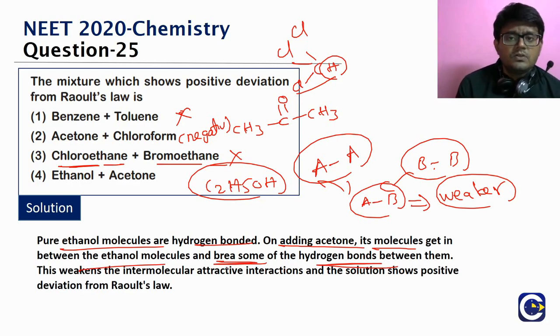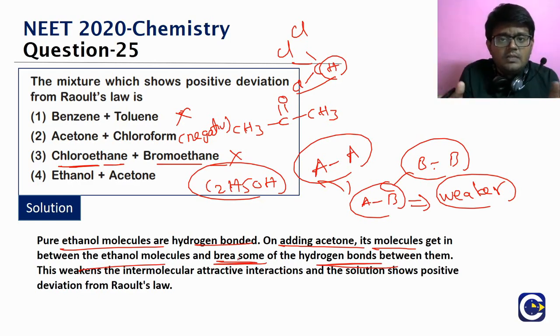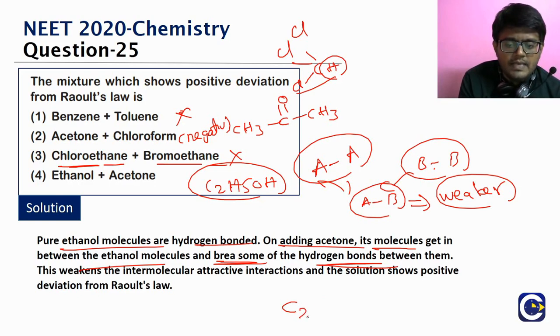Previously, when we have all ethanol, we'll have a significant amount of hydrogen bonding in the pure ethanol. But when we add acetone, the hydrogen bonding is significantly broken. For example, we have one ethanol and another ethanol, C2H5OH.